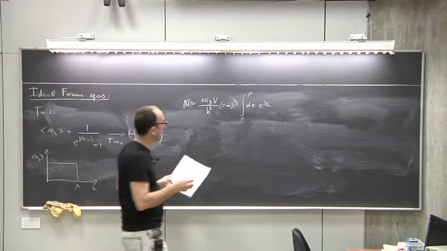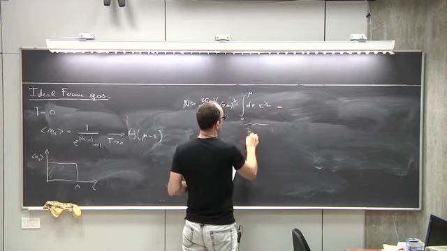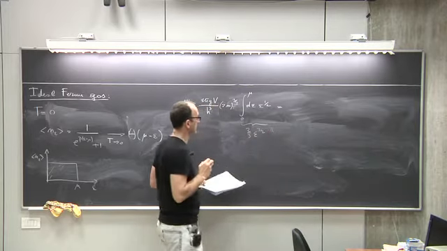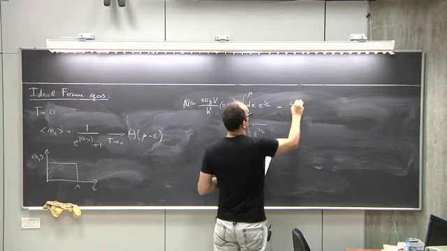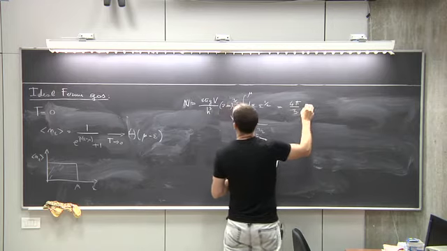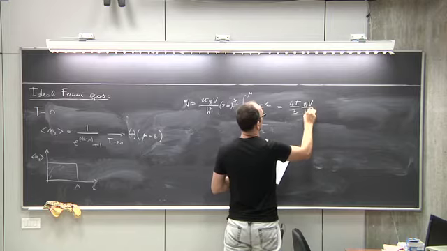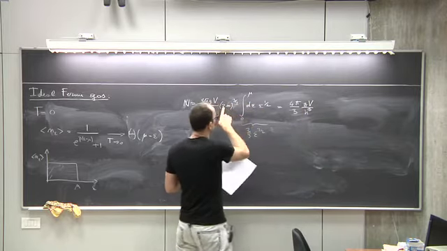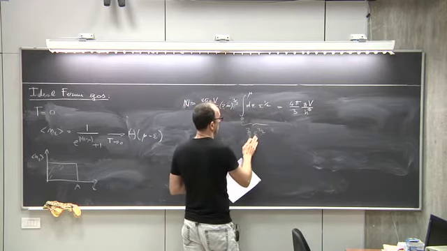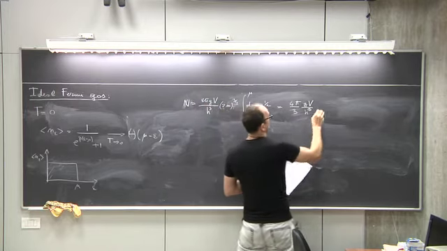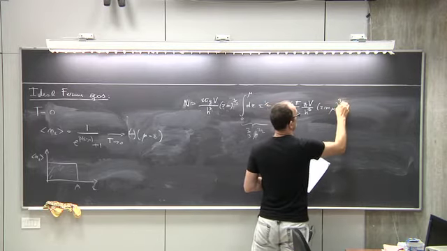And if you do this integral, it is just 2/3 epsilon to the 3/2. So you get 4 pi over 3 g v over h cubed, and then 2m times mu to the 3 over 2.